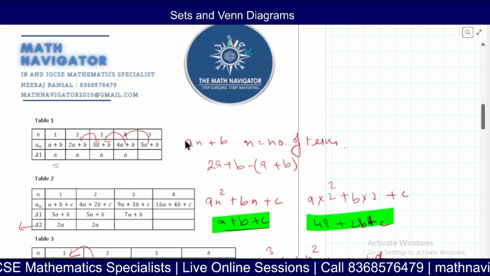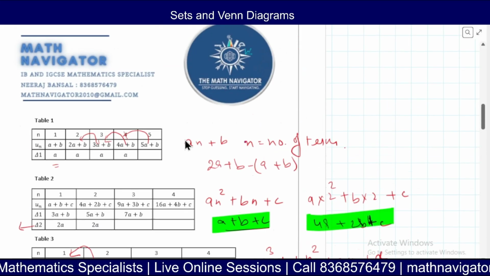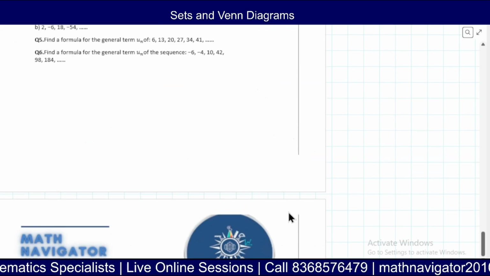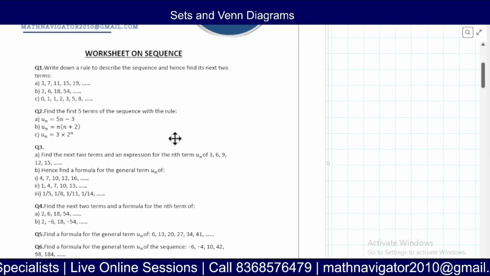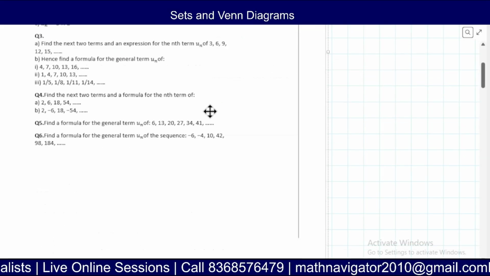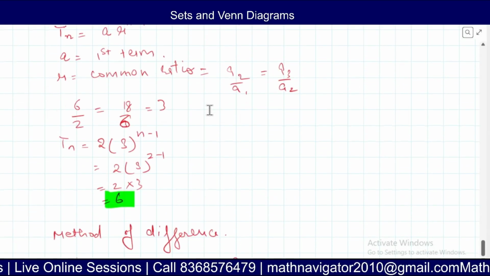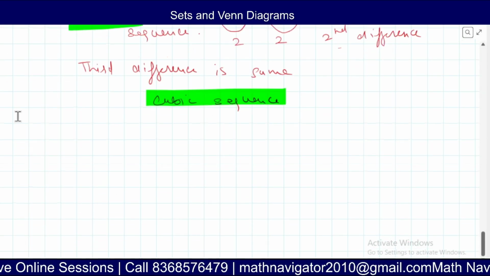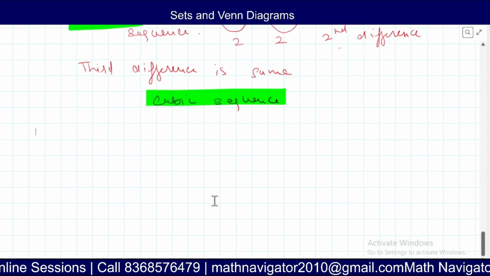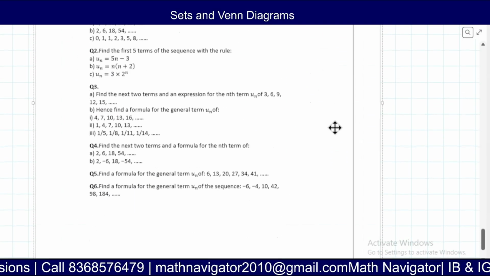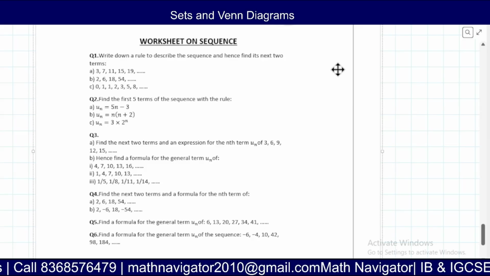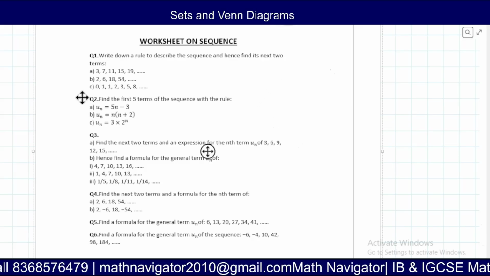And a sequence is something which has a relationship between the numbers. Now we'll do this question. Let us copy this and paste it here. Now let's come to this question: write down a rule to describe the sequence and find its next two terms.